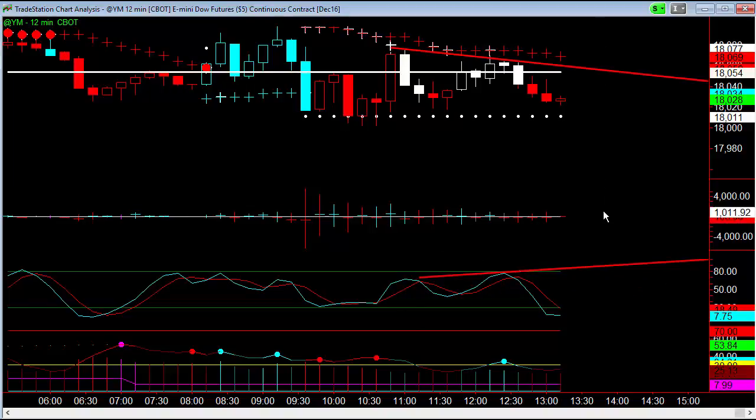Again, this is divergence. And remember, we looked at it when it was back over here at the congestion dot. This is actually a pattern formation that I teach, because the congestion dot, which is the white dot, actually offers support or resistance. In this case, it's support because it's on the bottom.